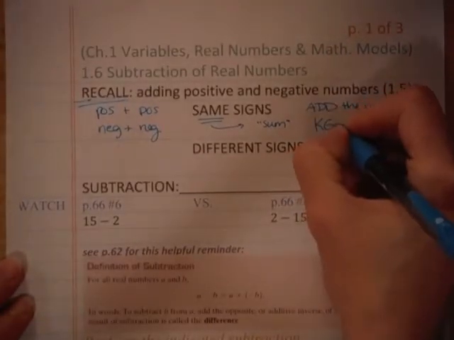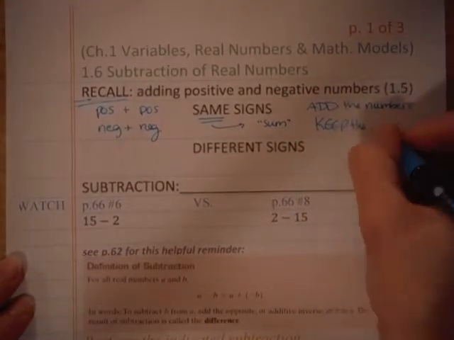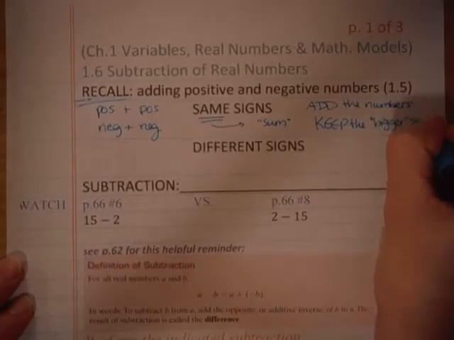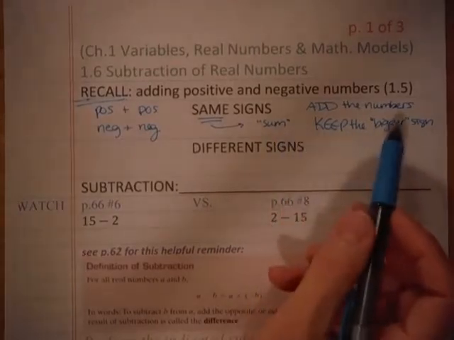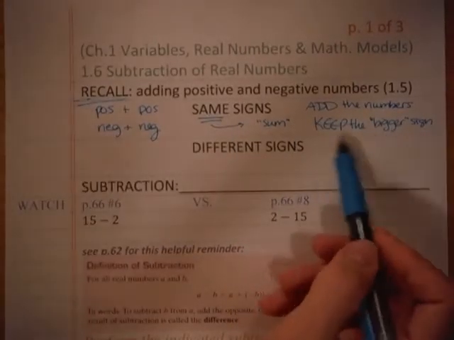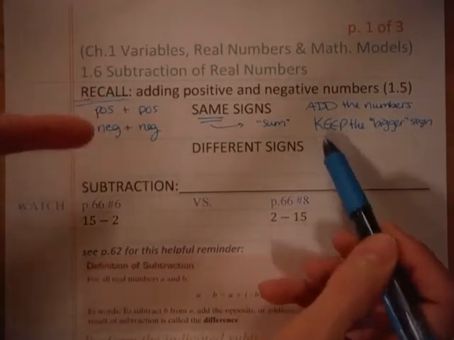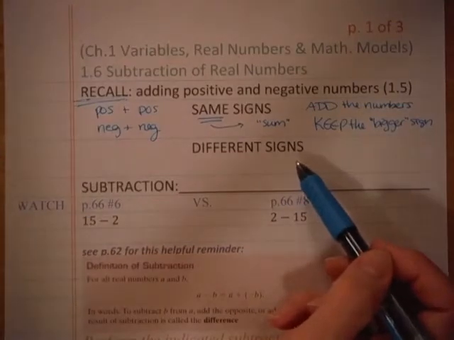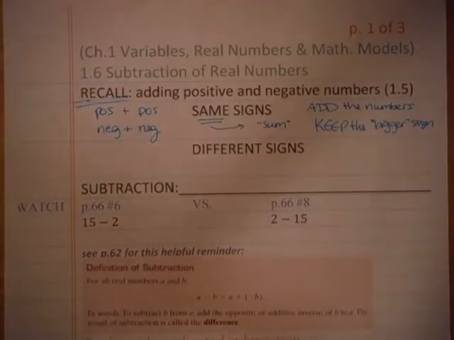And we're going to keep the bigger sign. With same signs to begin with, you just keep that sign. The reason why we phrase it as keep the bigger sign is that it allows us to keep the same pattern of rule for both same and different. You don't have to wonder, when do I keep the bigger sign? You just always keep the bigger sign.